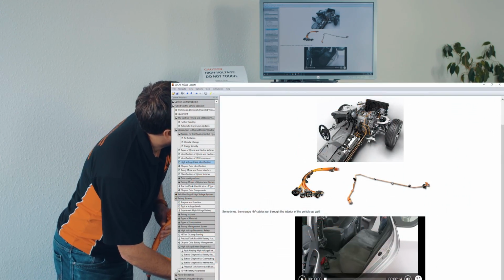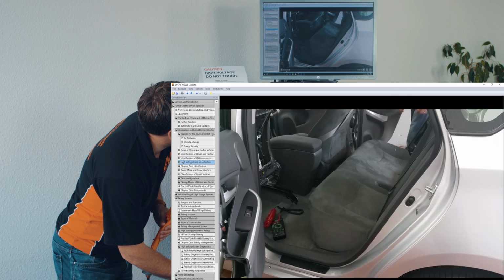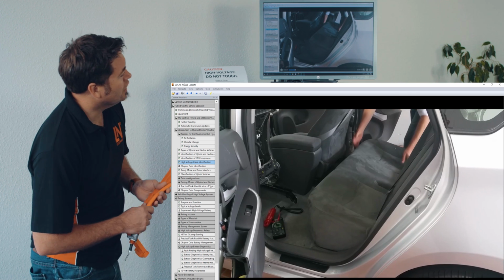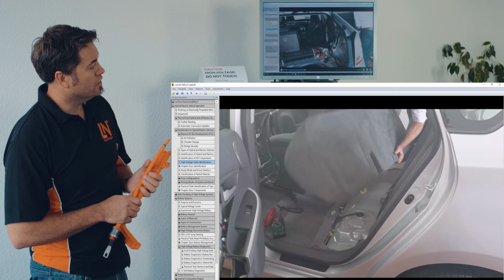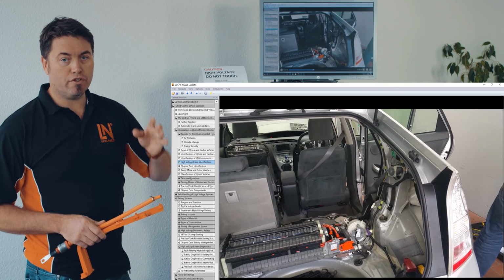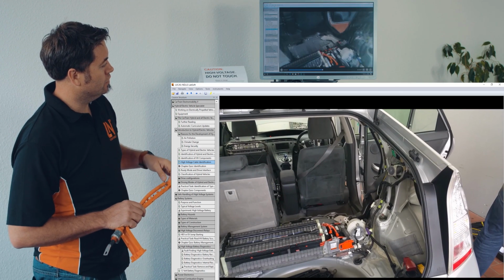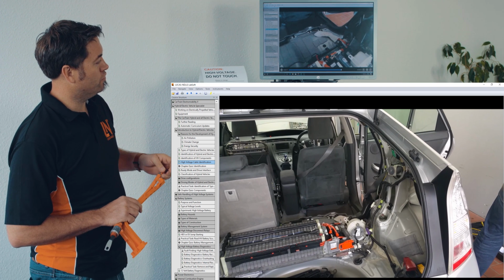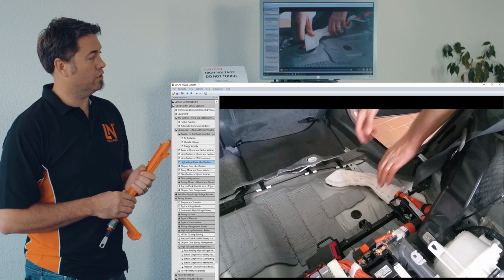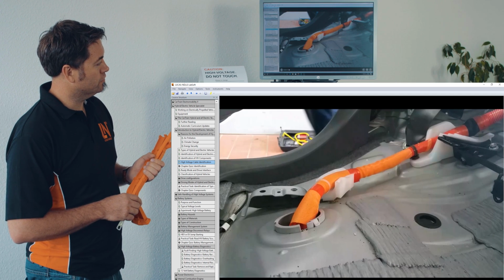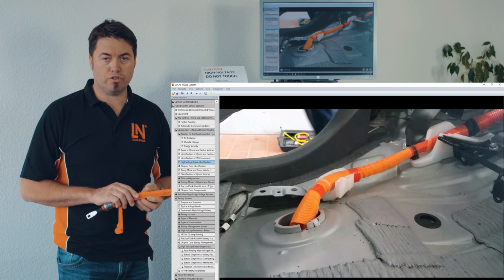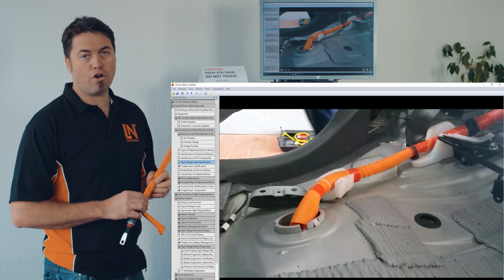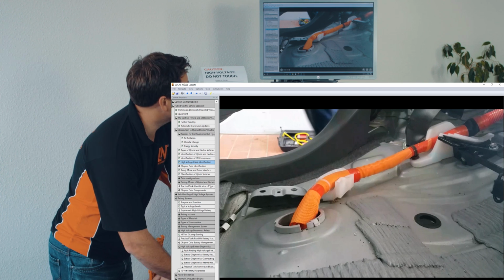Even if we have a look at this Prius, underneath the seat, even though the battery is in the back of the vehicle itself, there are little sections where you find the cabling going through. That's also the high voltage cables going to the front. So obviously anything orange is high voltage.